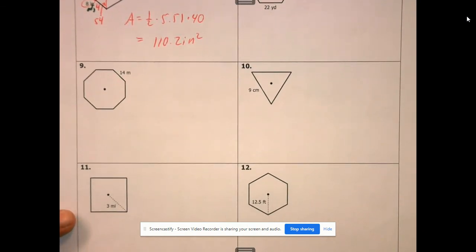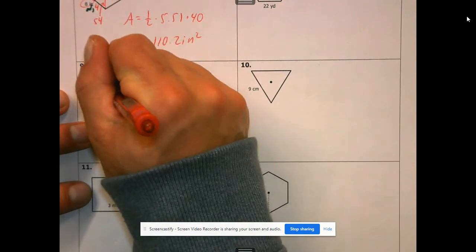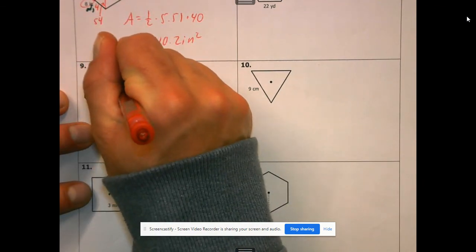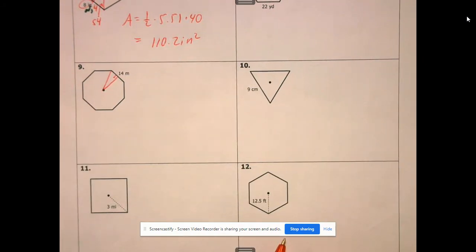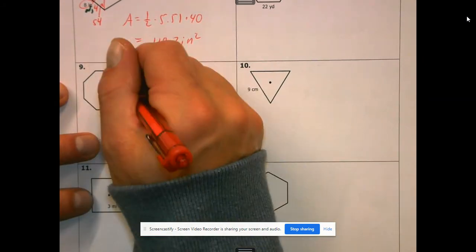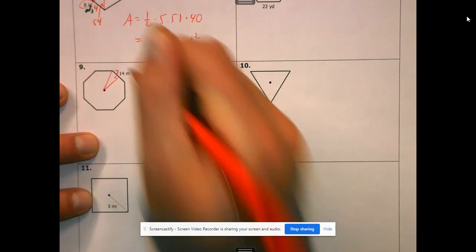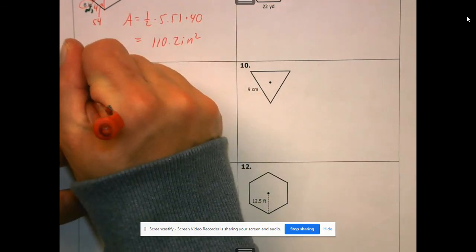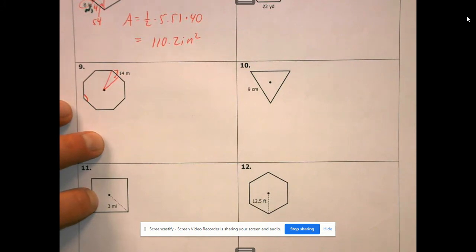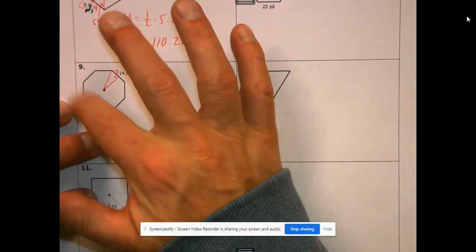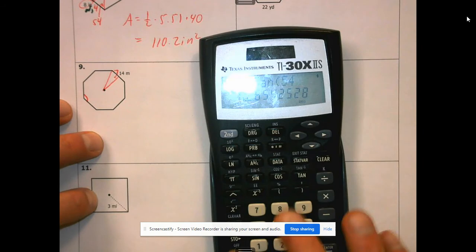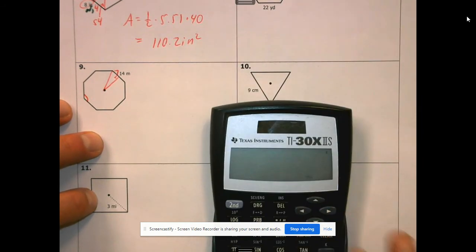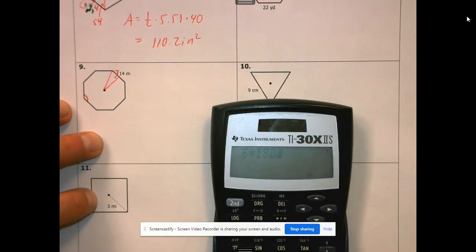Number 9. First step, draw the triangle. One piece goes to the corner. One piece goes perpendicular to a side. All right, the whole bottom is 14. Cut that in half. That little guy would be 7. Step 2, find the measure of one side angle. We have an octagon: 1, 2, 3, 4, 5, 6, 7, 8. 8 minus 2 is 6. 6 times 180 is 1080.